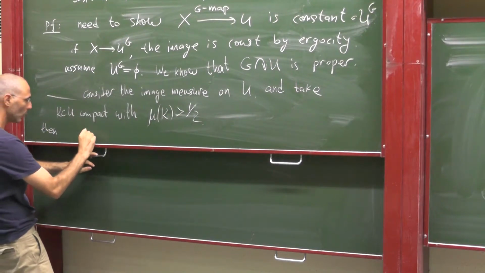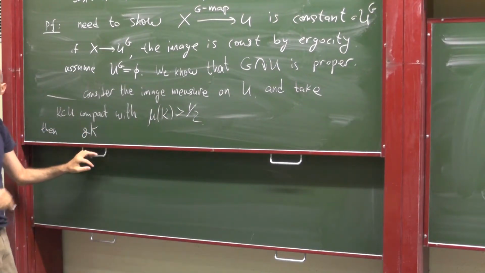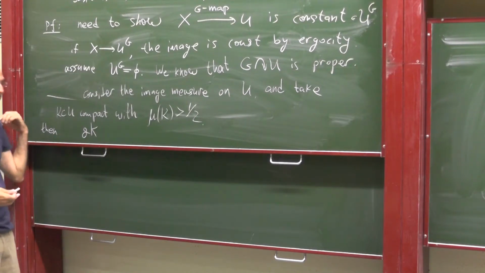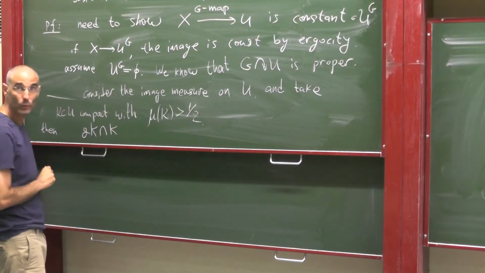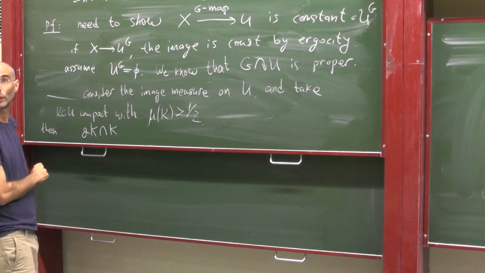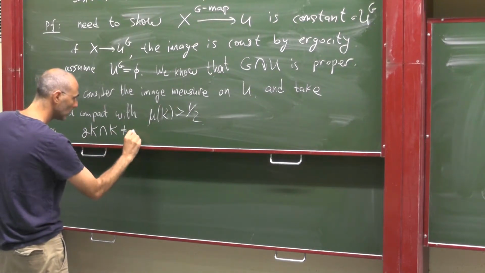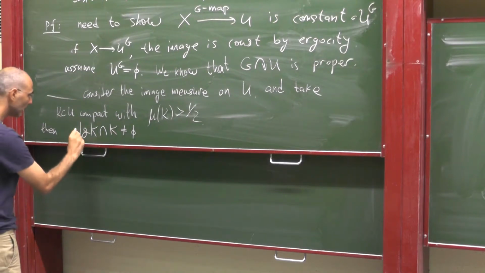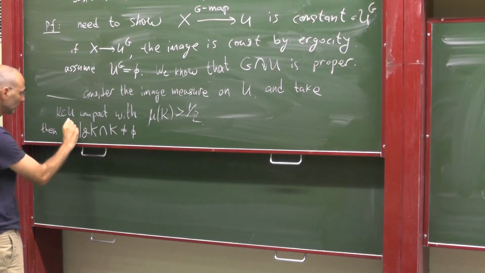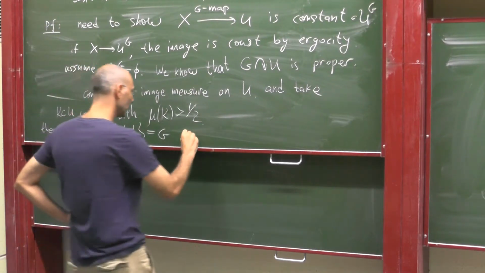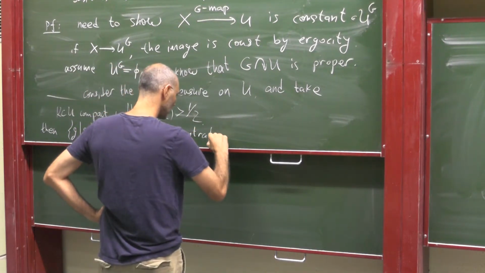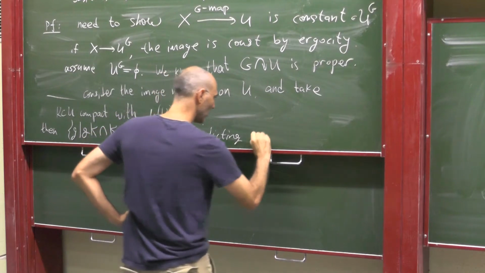Then, what will be the measure of GK? It will be at least 1/2 as well, right? And the intersection with K will have some positive measure as well. This is not 0. And this is happening for every G. And this is contradicting properness.